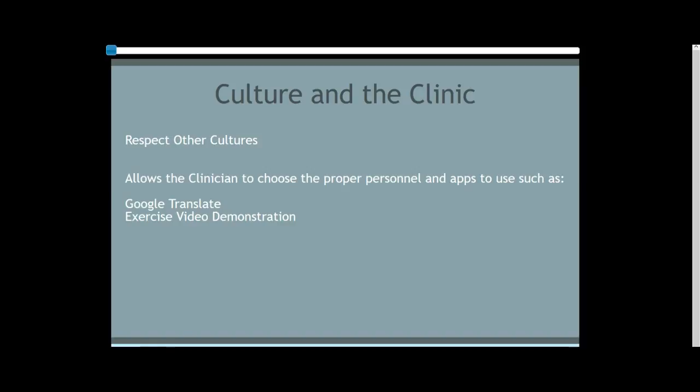So what I want you to do for your 1, 2, and 3 there is I want you to look on your phone and write down apps that you can use to communicate to different people. So if you want to use like Google Translate or an exercise video demonstration that demos the exercise form so you can help with your communication because you have a language barrier because they're from different cultures.